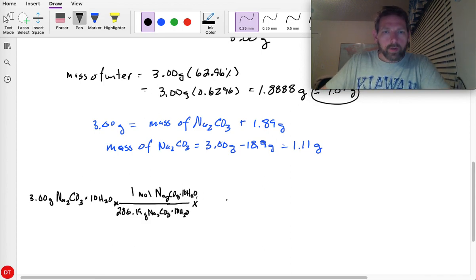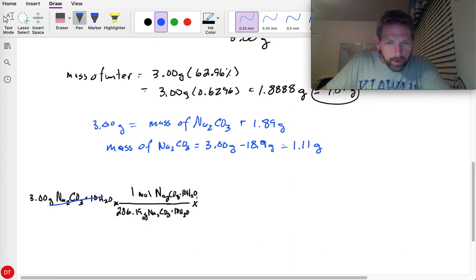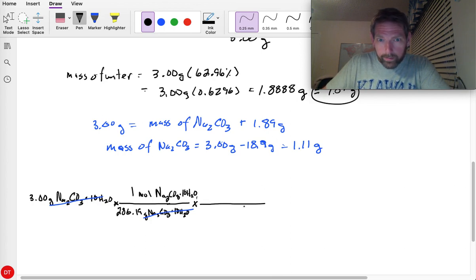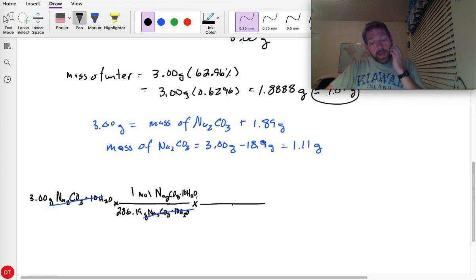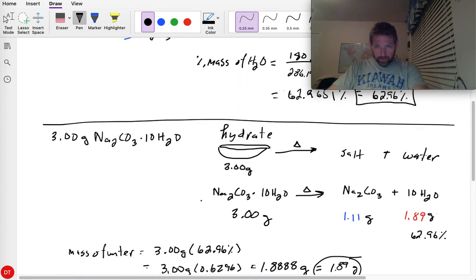So times this. Now let's think about this. Grams of this substance on top, grams of this substance on the bottom. That whole unit's gone. Stoichiometry stuff works. Gonna have to write that whole thing again. Okay, now in this reaction, we see that there's 1 mole of this for every 10 moles of water, right?